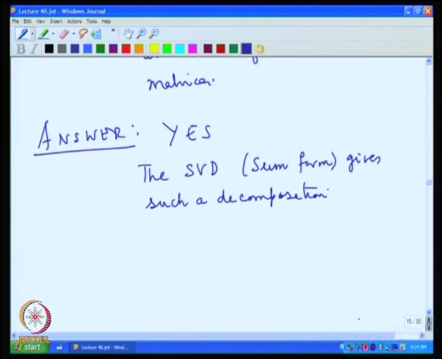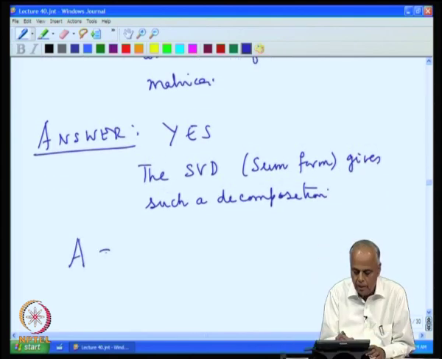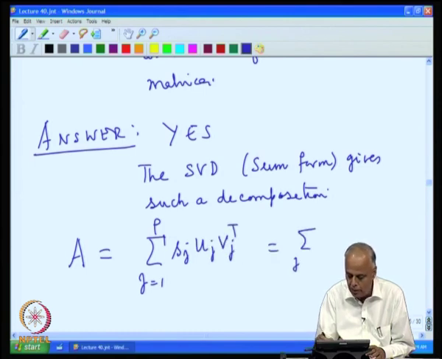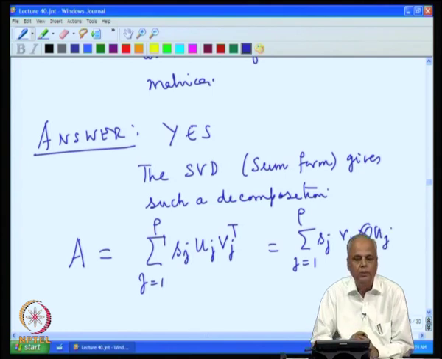What was that decomposition? A equals the summation j equals 1 to rho of S_j u_j v_j transpose, which can also be written in our tensor notation as S_j v_j tensor u_j.